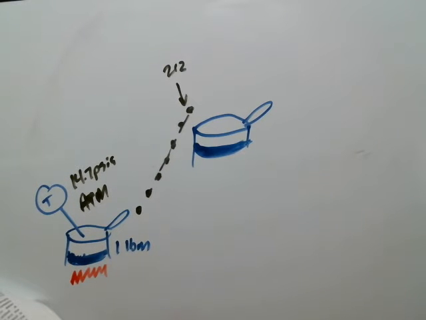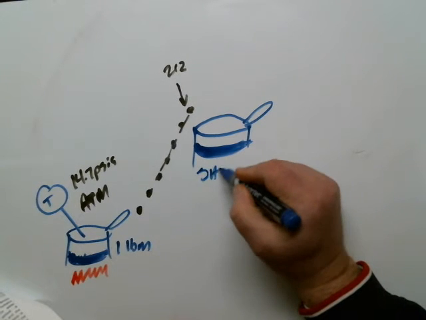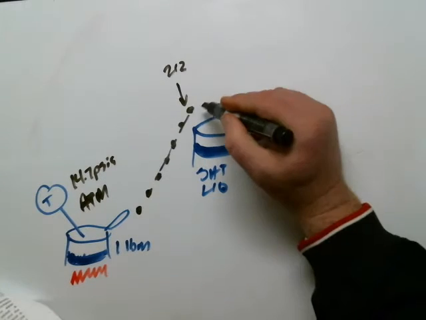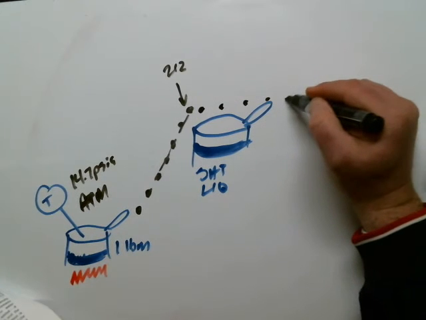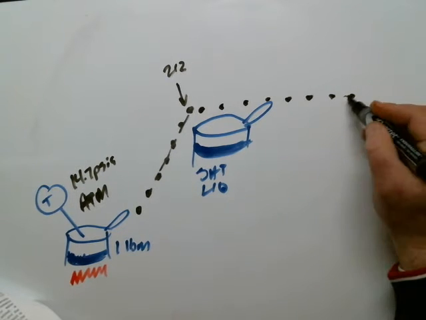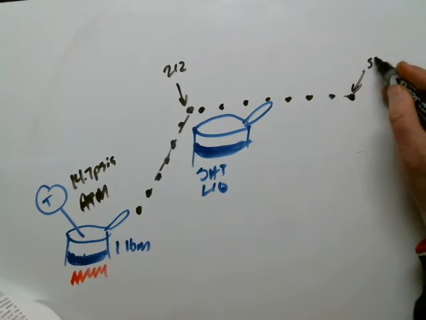But now if I continue to add energy, from the point at which it became a saturated liquid, I no longer see a temperature increase. Temperature doesn't change until I get to this point right here, which is still 212 degrees.